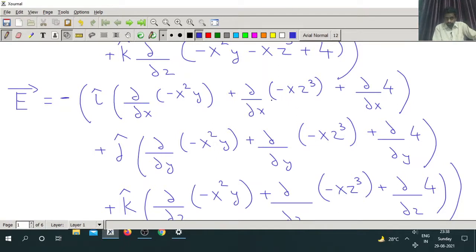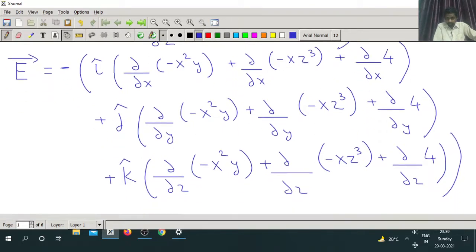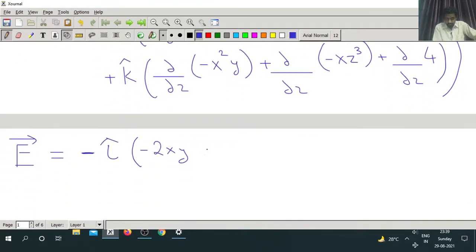Differentiation of x with respect to x is 1, so it will be minus z cube. So I will write it as minus z cube.